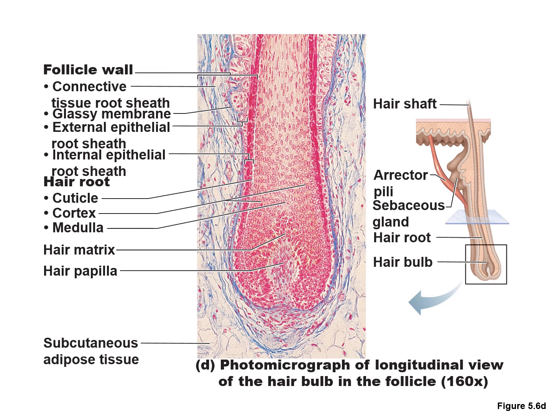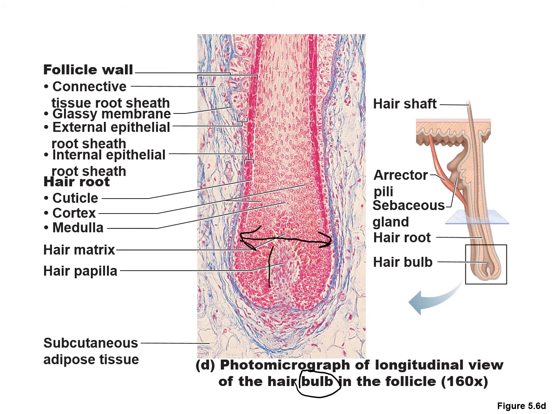This is the photomicrograph of the longitudinal view of the hair in the follicle, and this part of the hair root is called the hair bulb. So it's the expanded part of the hair root, that's a hair bulb. Here's another new structure that you can see over here.